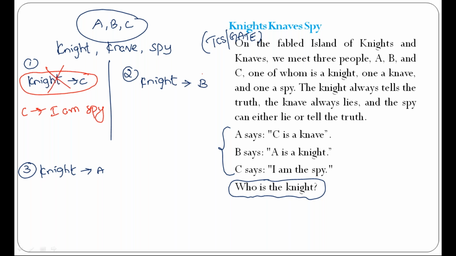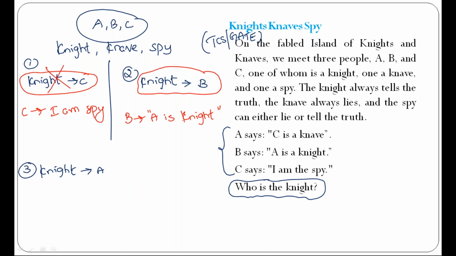Now let me go for B is knight. If B is knight, the statement given by B is A is knight. Guys, focus now. Knight means he should always speak true. If B is knight, A must also be knight. Whatever B says must be correct.